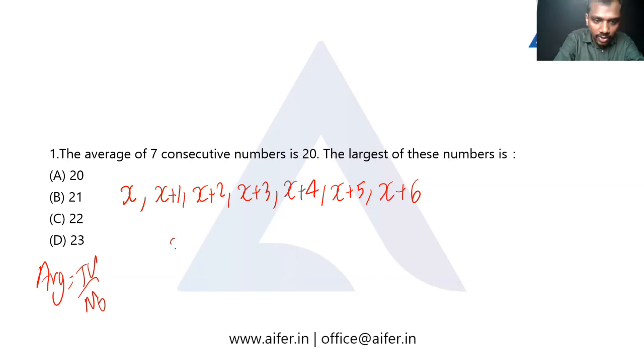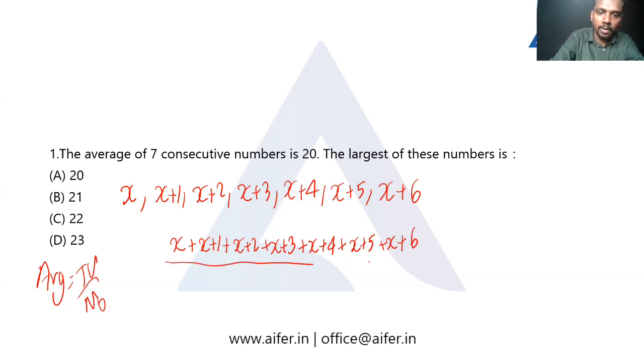So we have total value as X plus X plus 1 plus X plus 2 plus X plus 3 plus X plus 4 plus X plus 5 plus X plus 6, by 7, that is equal to 20.